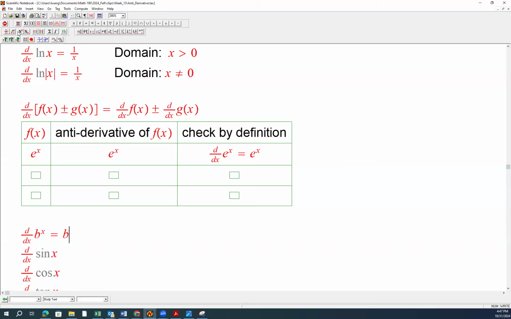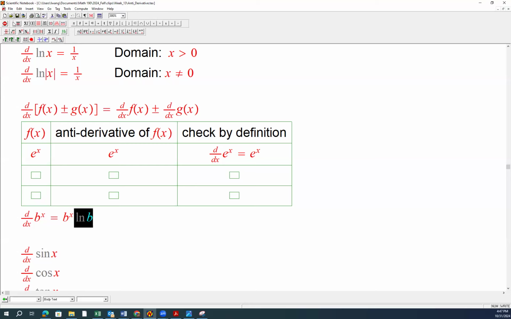The derivative of b to the power x is b to the power x multiplied by ln b. So we know the antiderivative of b to the power x times ln b is b to the power x.